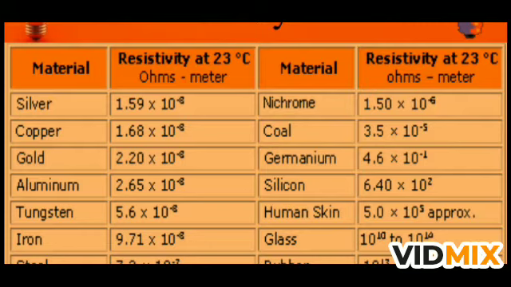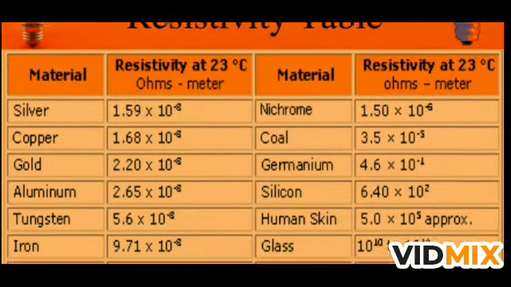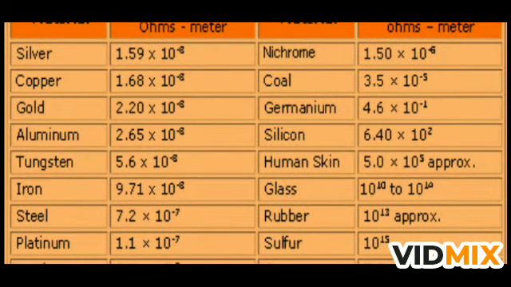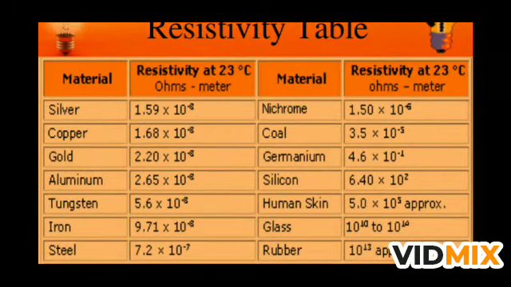So these are the resistivities for the conductors, meaning less resistance. And if you see rubber, it is 10 to the power 13, sulfur 10 to the power 15, quartz 10 to the power 17, meaning they have more resistance, so they are bad conductors. So by the table you can distinguish the good conductor and bad conductor of the substance.